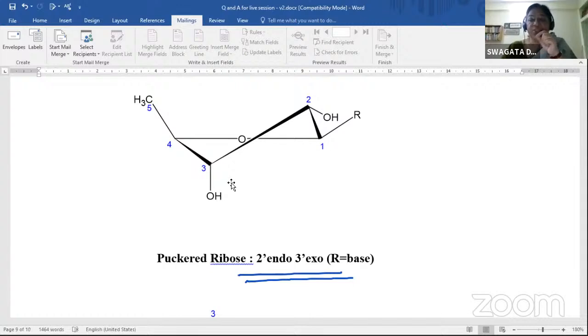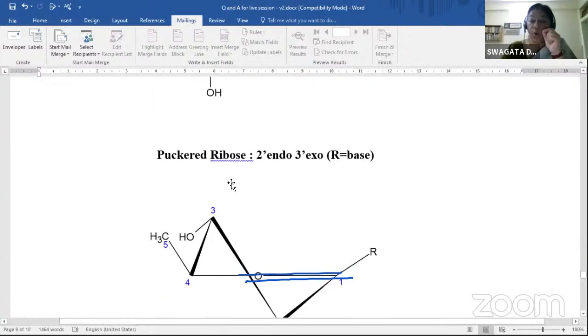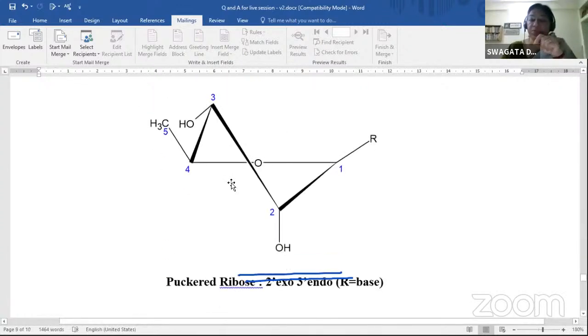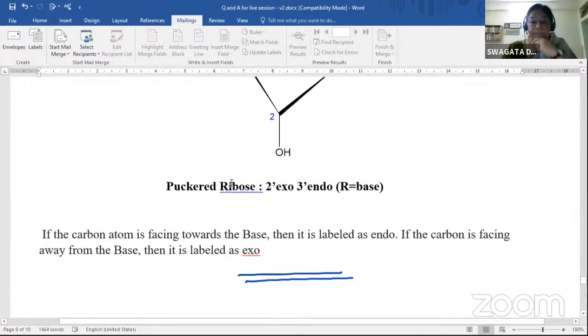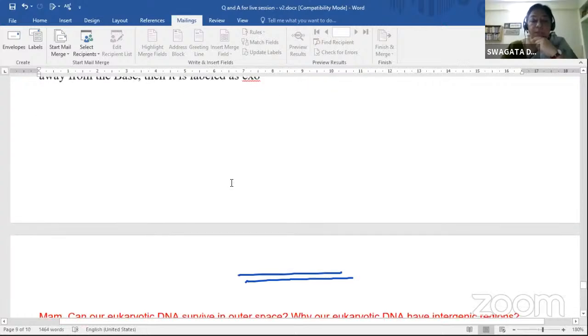So the stabilization occurs in a way where it could be the 2' endo, 3' exo, or it could be the 2' exo, the 3' endo. So we understand this part.